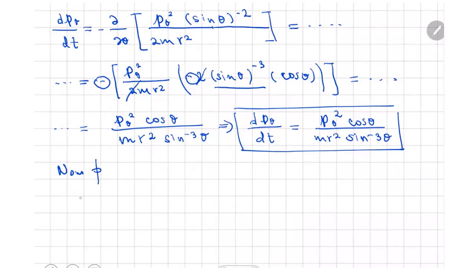So for phi, the first equation is gonna be d phi dt, and it's gonna be dH d p phi.